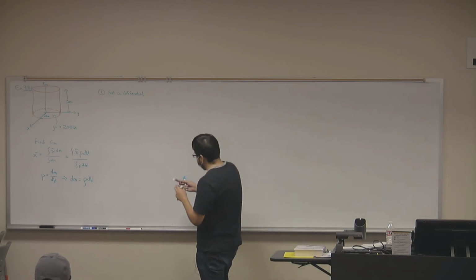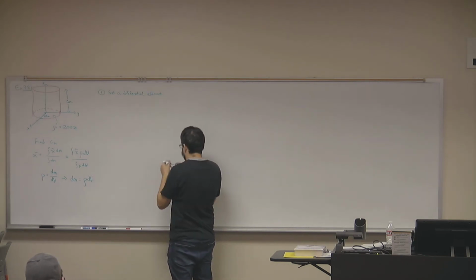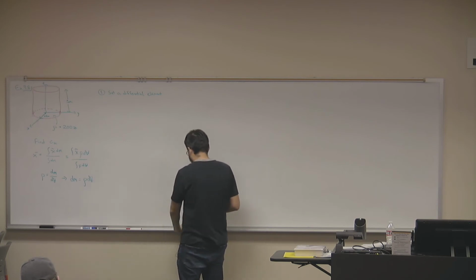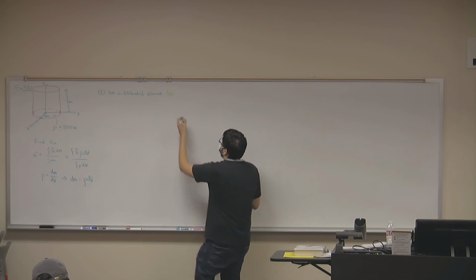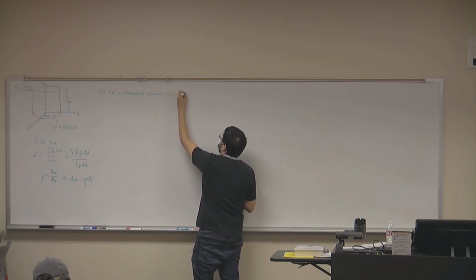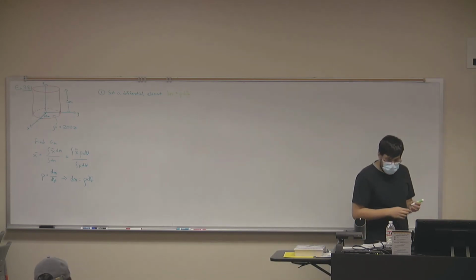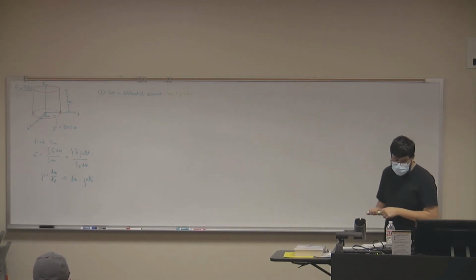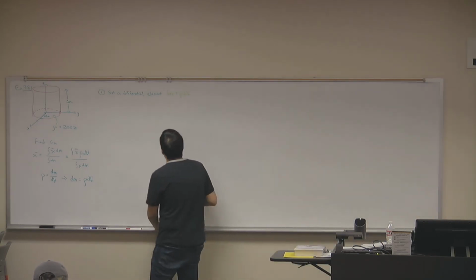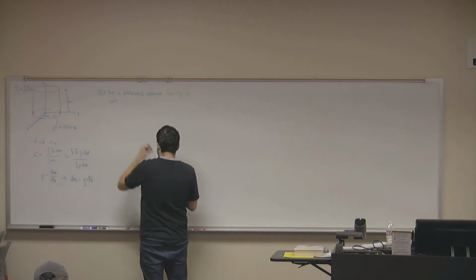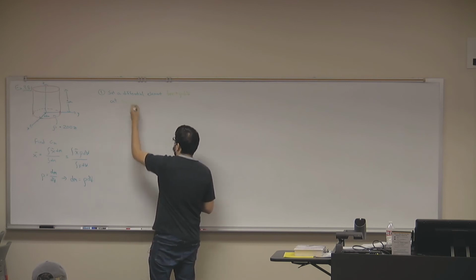So we're going to set a differential element with mass dm, but we know that dm is actually equal to rho dV. So a differential element with density rho and volume dV. And we are going to locate that element at an arbitrary point. Okay, so we're going to set that differential element and we're going to locate it at some point x, y, z.